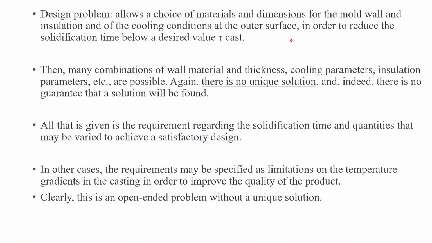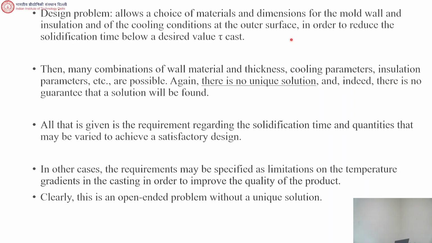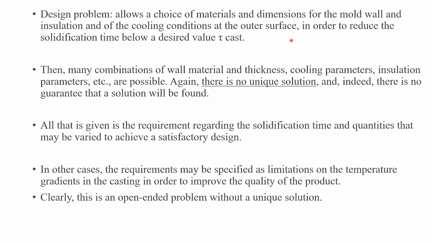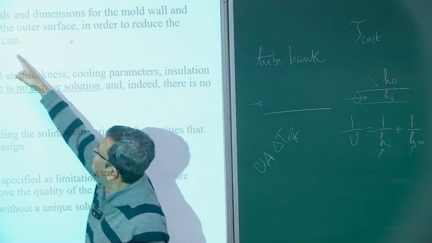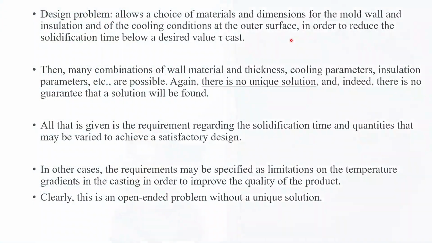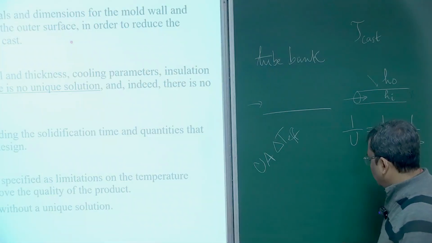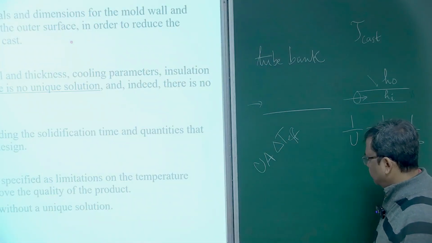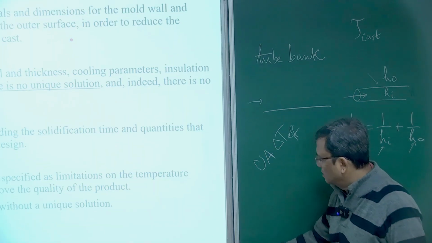So the desired value is some casting time, which we are writing as tau cast. Actually, this should have been in the subscript. So you decide that okay, we want some value of tau cast.